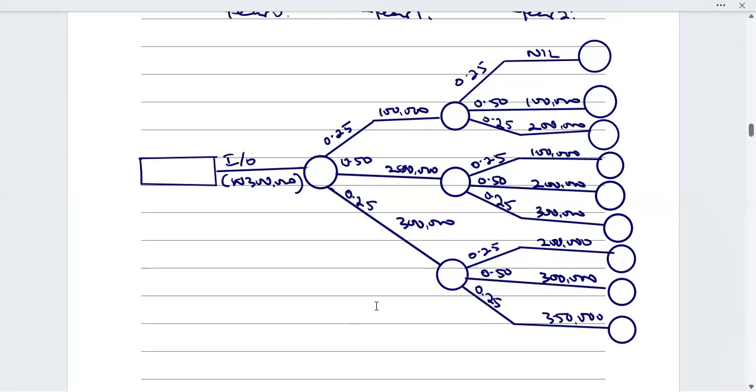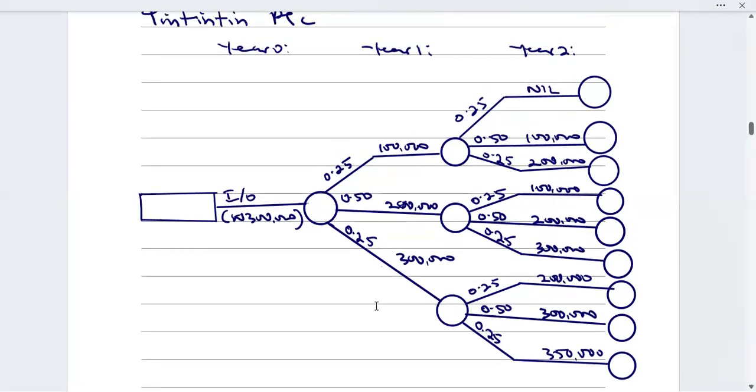So at this point, all I need to do is to label my nodes, either alphabetically or numerically. So let's use alphabets, to make it unique. Let's say this is A, B, C, D, E, F, G, H, I, J, K, L, M, N. So we are going to compute NPV for each of the nodes.